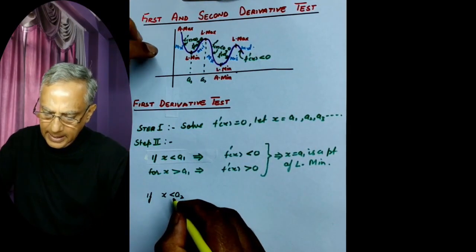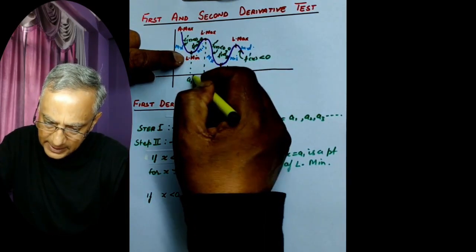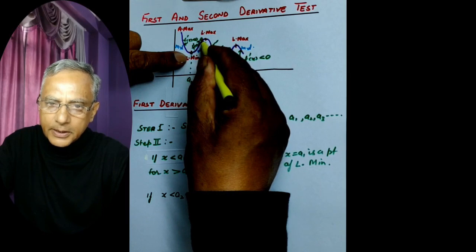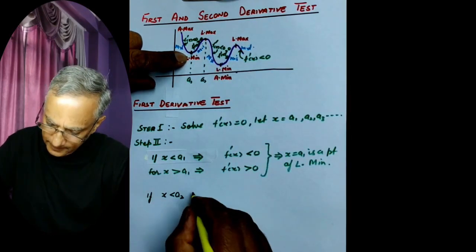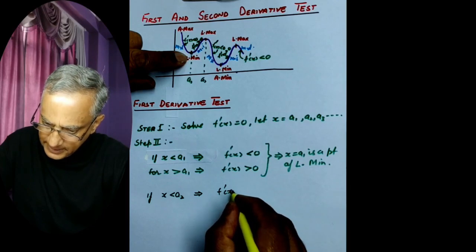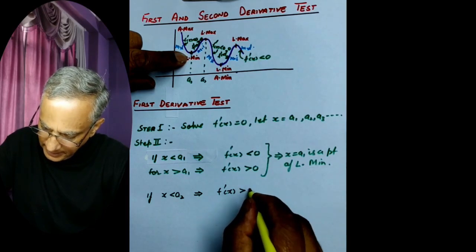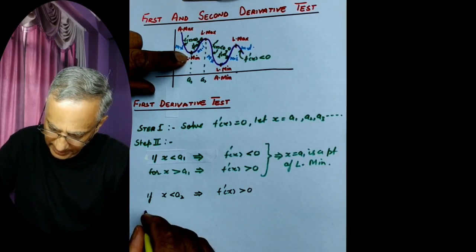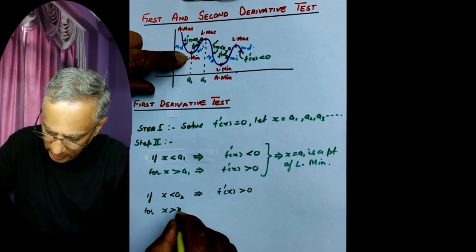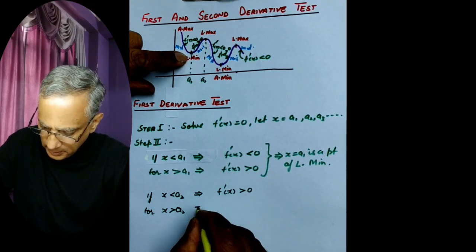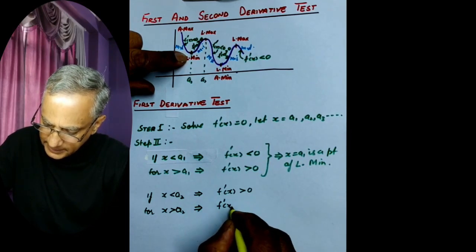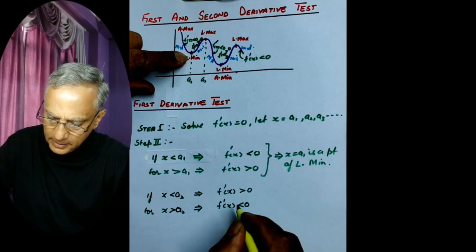If x less than a2, the sign of the derivative is positive. This implies f dash x is greater than 0, and for x greater than a2 implies f dash x is less than 0.